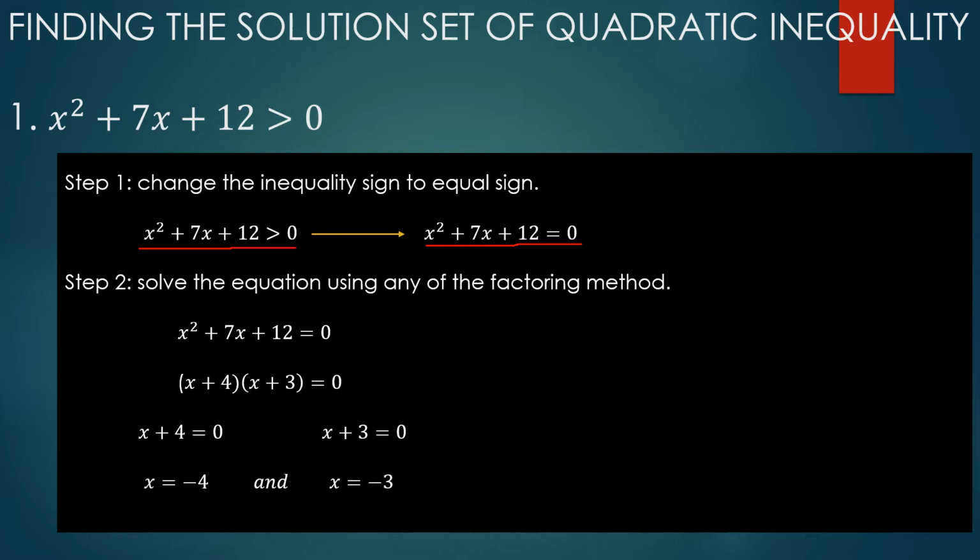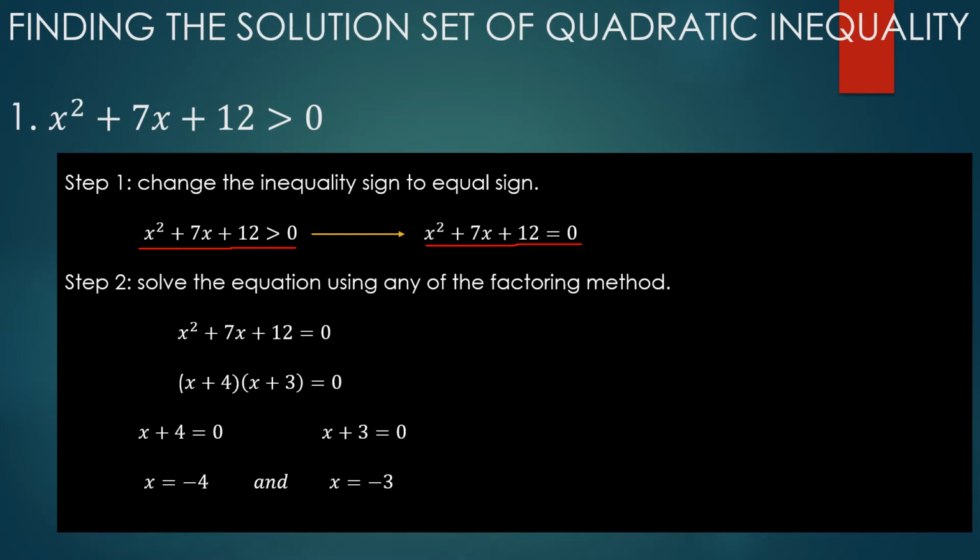So, marami man tayo mga factoring methods. So, pamili lang tayo doon kung ano yung gagamitin natin. So, in this case, yung ginamit ko dito is factoring na sa general trinomial a equals to 1. Okay, since yung value ng a kasi natin dito is 1.